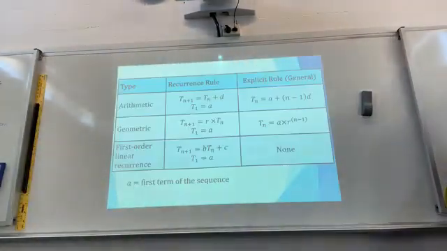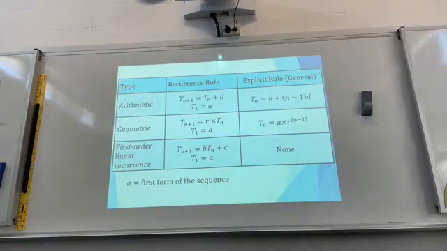All right. Now, yesterday I've shown you this table. You can see that for both arithmetic and geometric sequences, there's a recurrence rule and an explicit or general rule. Whereas for the first order linear recurrence, there is no general rule. You just have to know the first order linear recurrence rule. That's it. And for all three sequences, A is the first term.